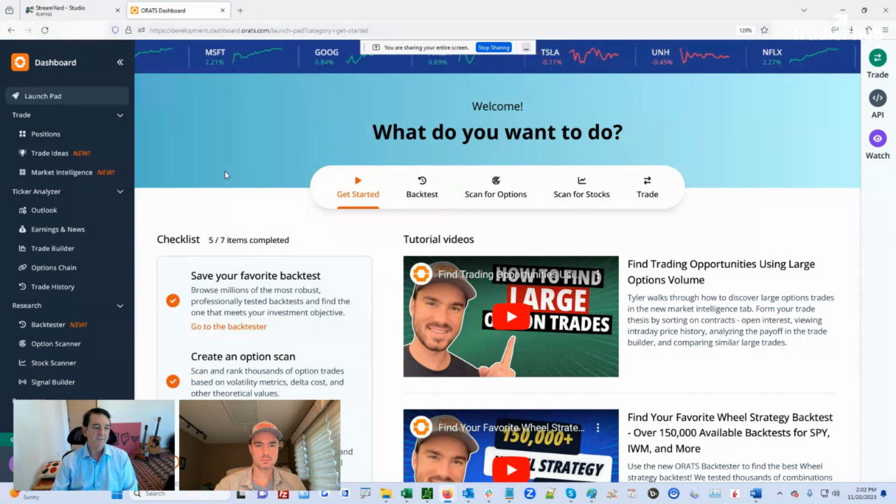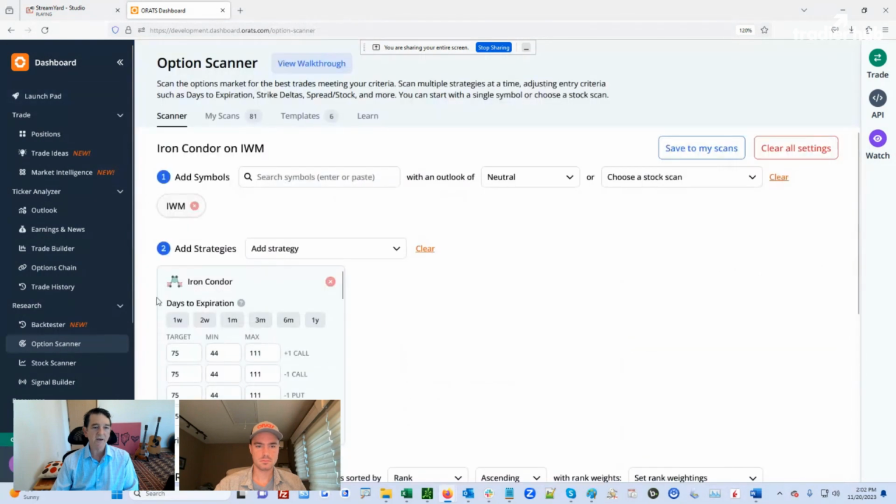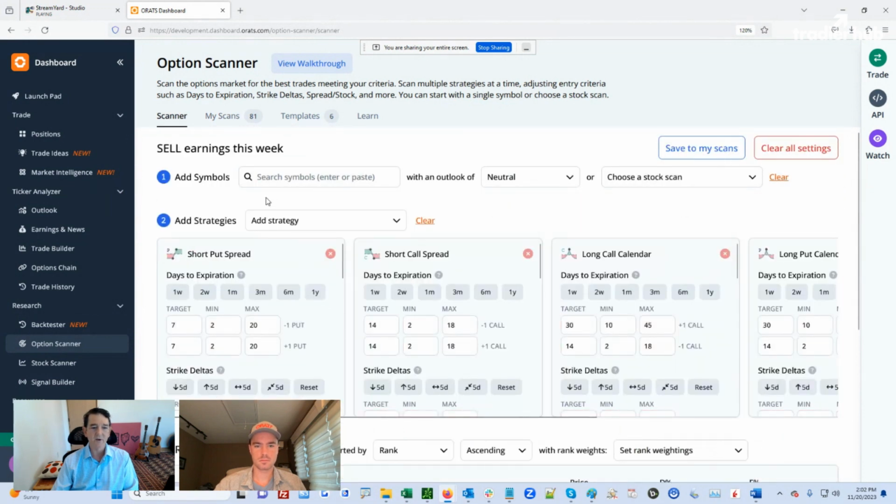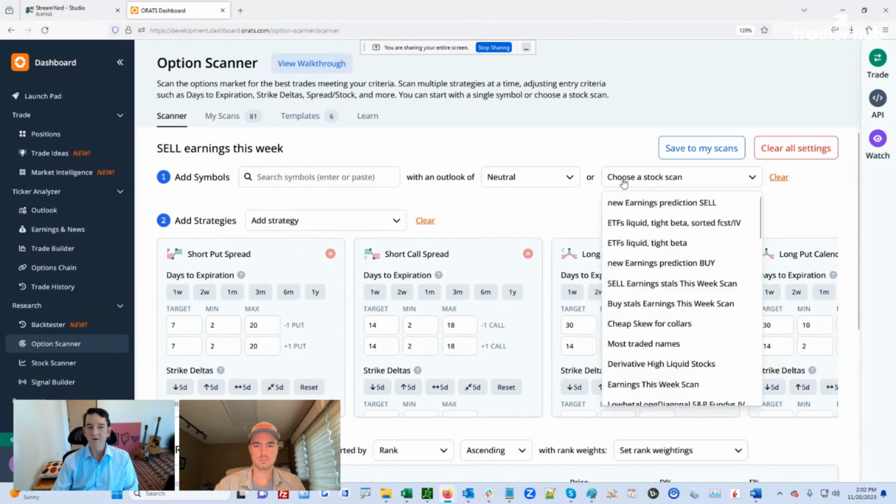So yeah, PANW is Palo Alto Networks, and we found a trade by going into our option scanner, and we had an earnings trade where we have these templates that you could use, and they can interact with our stock scanner.